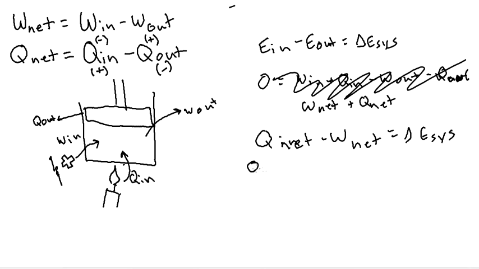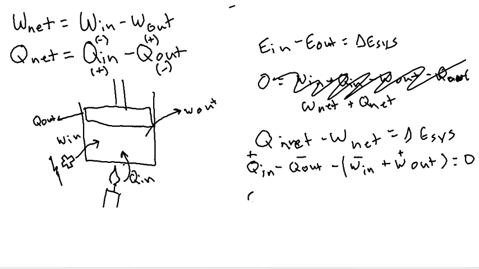That means we've got a Q in, which is some positive value, minus a Q out, which is negative, minus W in, which is negative, plus W out, which is supposedly positive, equals 0.